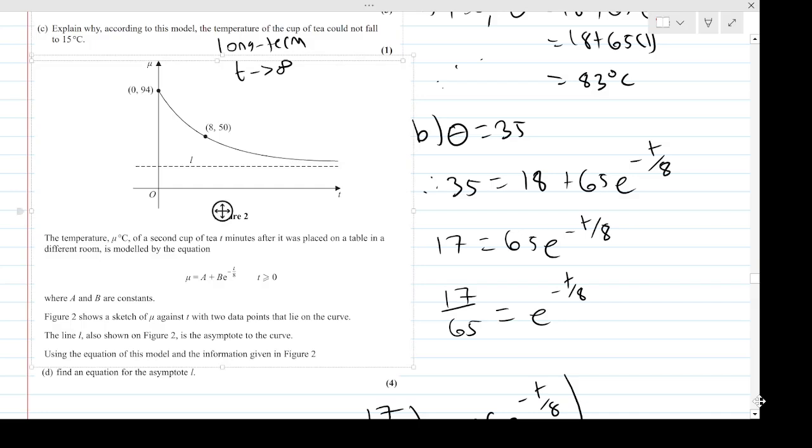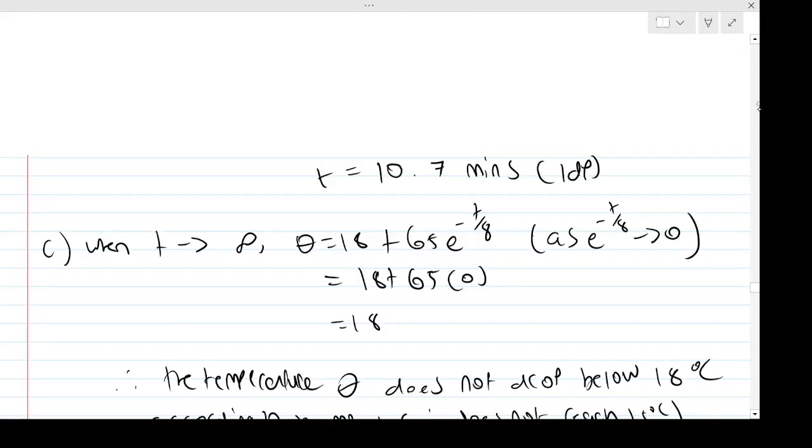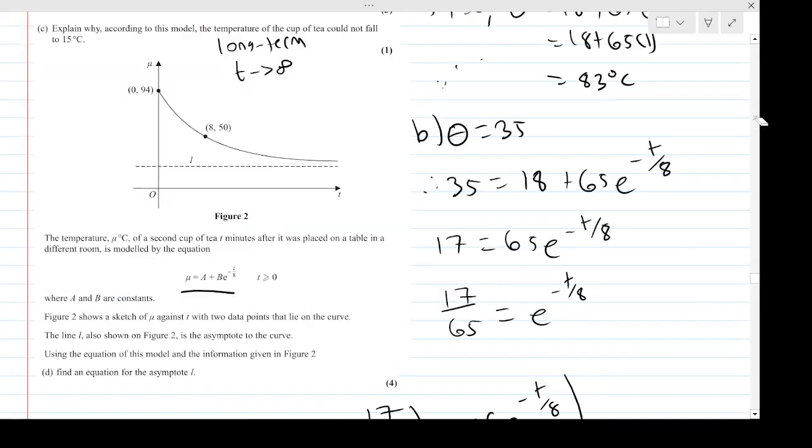Mu, for a second cup, so a different equation, is now mu equals A add B e to the negative t over 8. And you guessed it, we're probably going to need to find A and B, the missing letters.